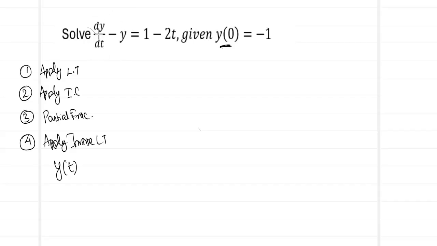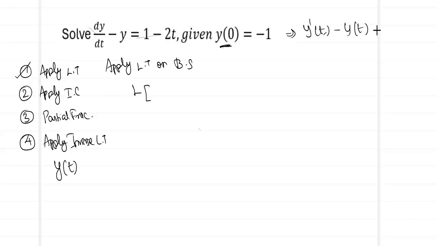We will have to recollect the formula for the first derivative as we apply our step number 1, which is applying Laplace on both sides of your differential equation. So dy by dt can be written as y dash of t, minus y, which is a simple y with no derivative, hence it is a function of t, equal to 1 minus 2t.